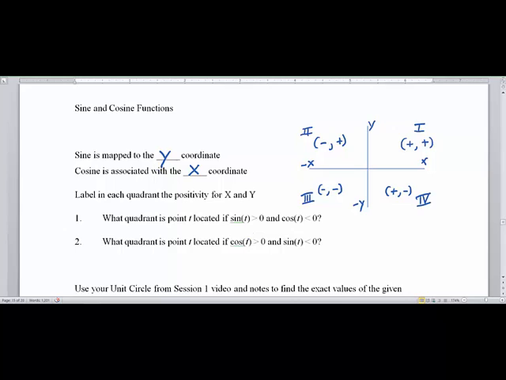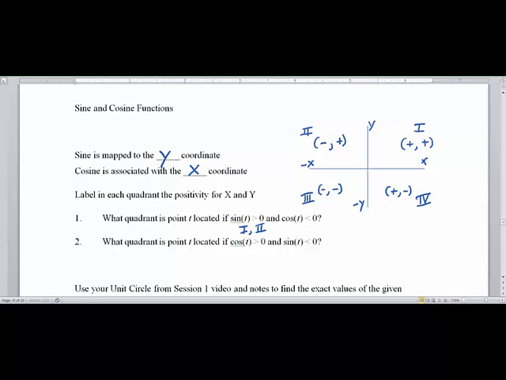So what's kind of fun, in the homework and also elsewhere in this book, they will give you some context clues about sine and cosine. Notice it says here, what quadrant is point T located in if the sine of t is greater than 0 and the cosine of t is less than 0. Now the sine is your y value. So when is y positive? Well, y is positive in the first or the second quadrant.